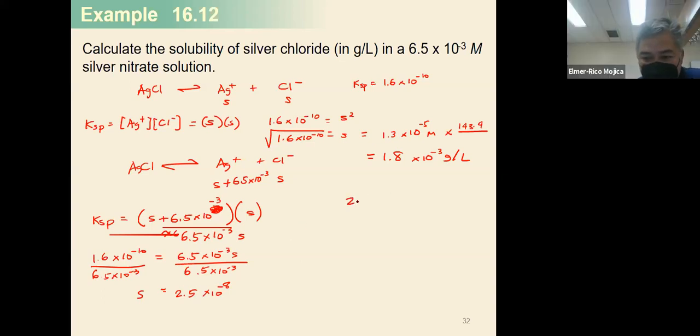And if we multiply that with 143.4, that's moles times grams per mole. So you get around 3.5. So what happened?